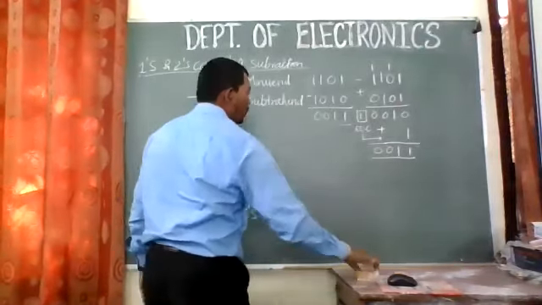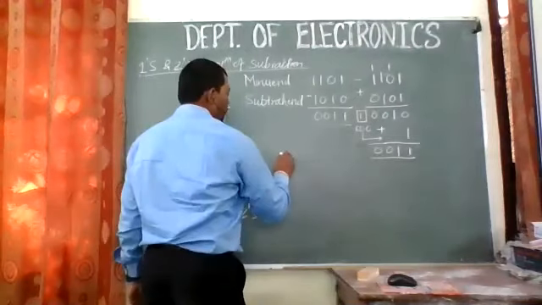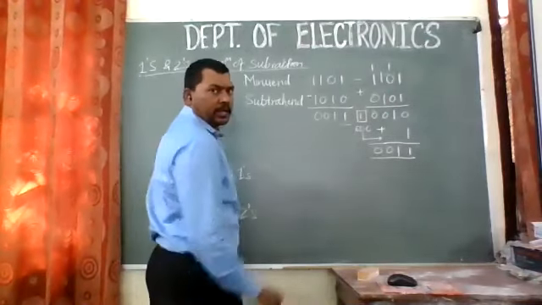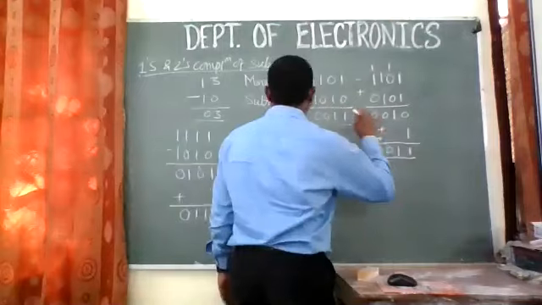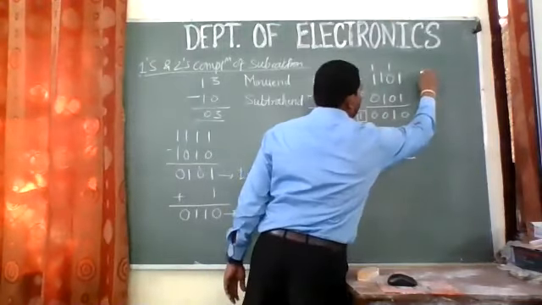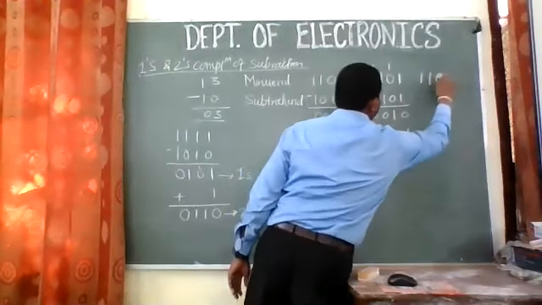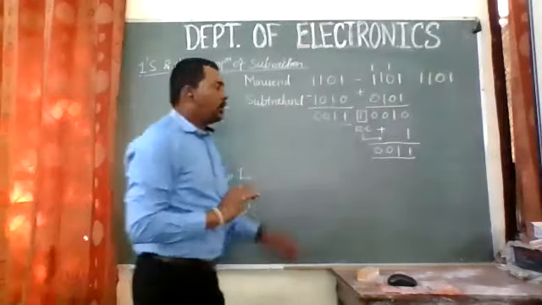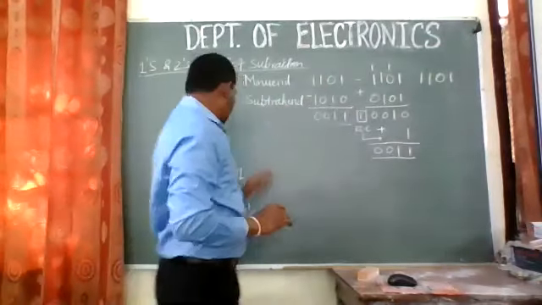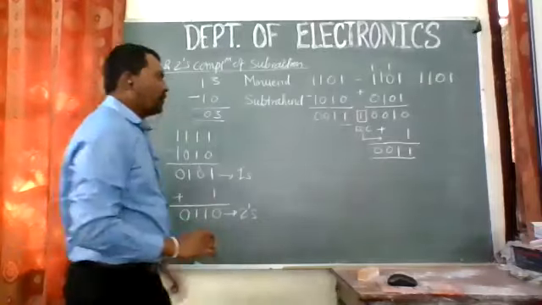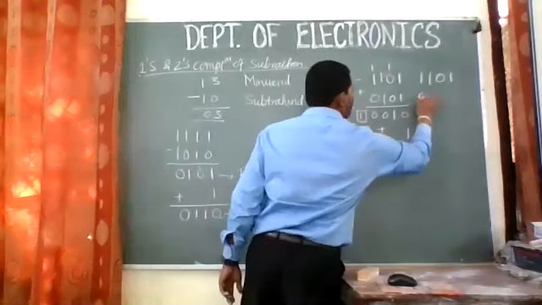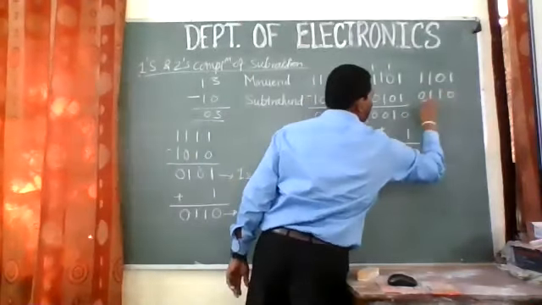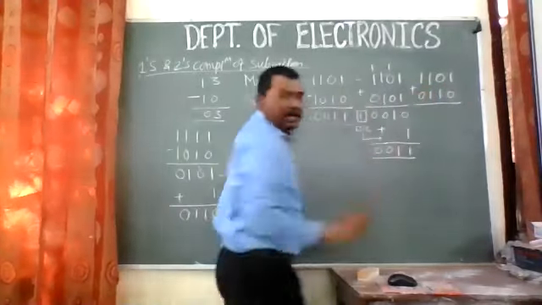So now, what is the minuend? The minuend is, I guess the screen is still visible, so I can put it over here. So we have this 1101. So this is the minuend over there. The twos complement number is 0110. So I am putting the twos complement, that is 0110, and we are going to add this again.